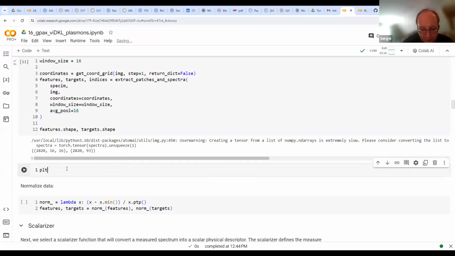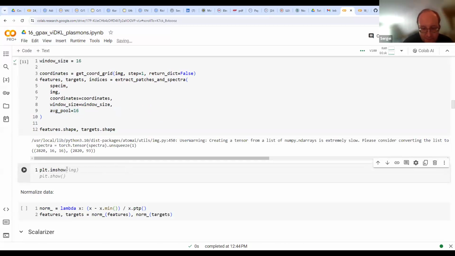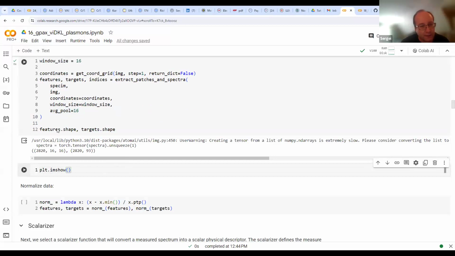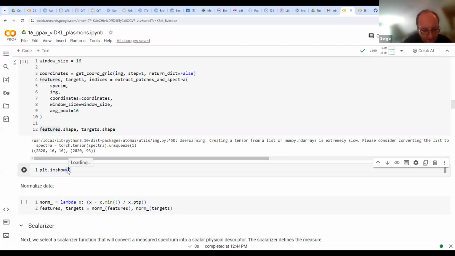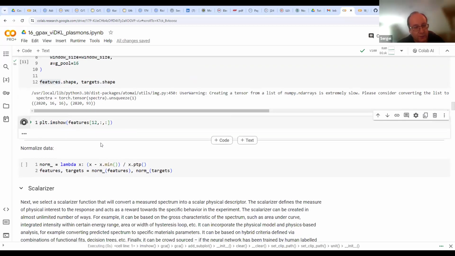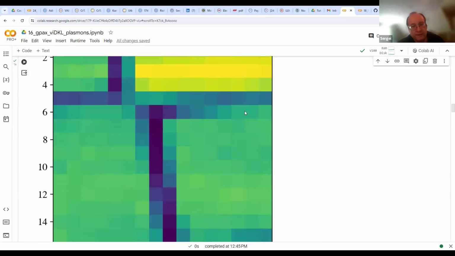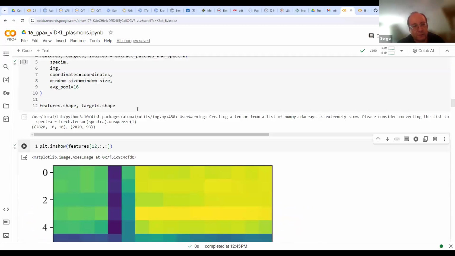We can look at some specific patch, let's say patch number 12. You can clearly see that we are here between the four squares.